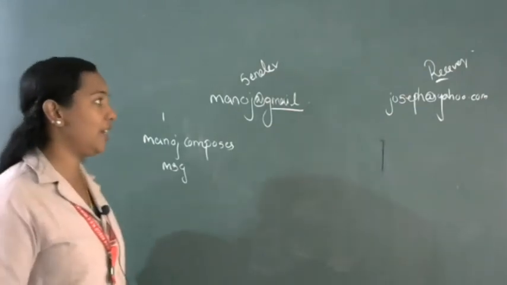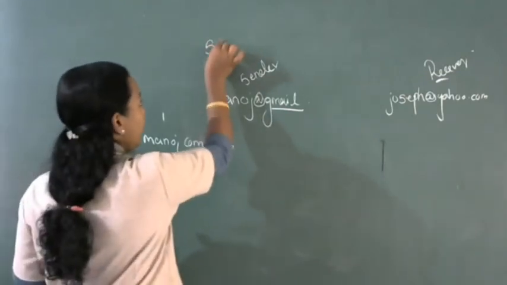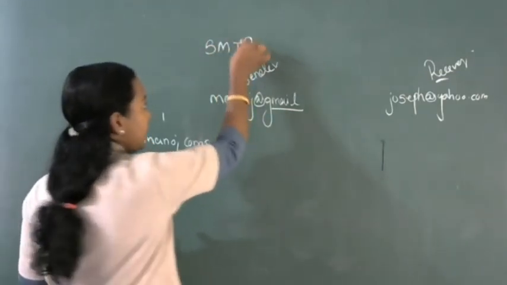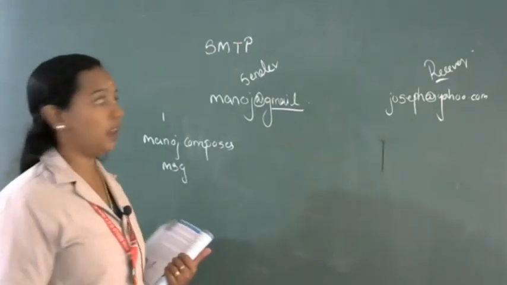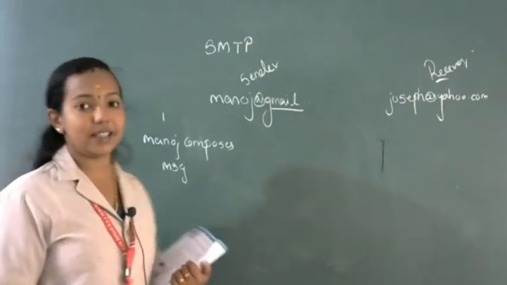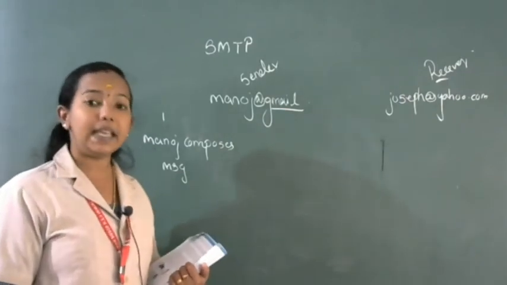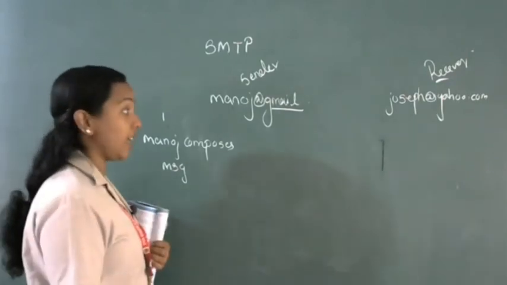Then after that, you know the protocol that we are using in email. What is it? SMTP, Simple Mail Transfer Protocol. The protocol that we are using for sending and receiving email is SMTP. Then what will be the second step?